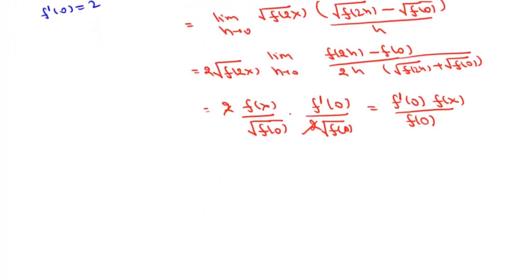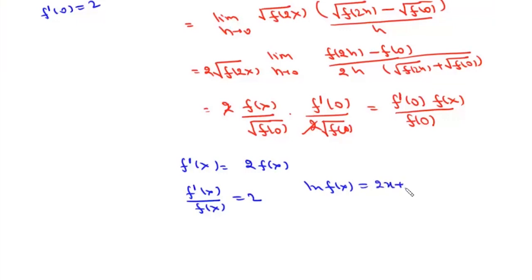So now this f dash x will be 2 times f x. Now we can write f dash x upon f x is equal to 2. Now we integrate, we can write log f x equals 2x plus c, or f x equals e to the power c into e to the power 2x.